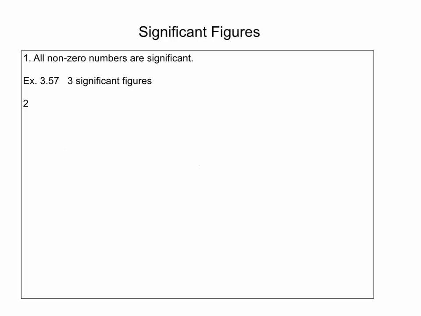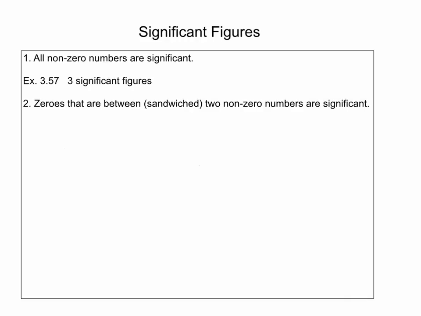Rule number 2. Zeros that are between, or in other words, sandwiched, two non-zero numbers are significant.